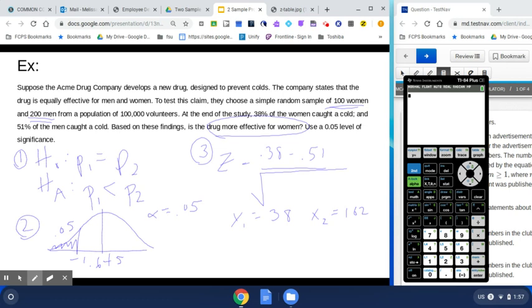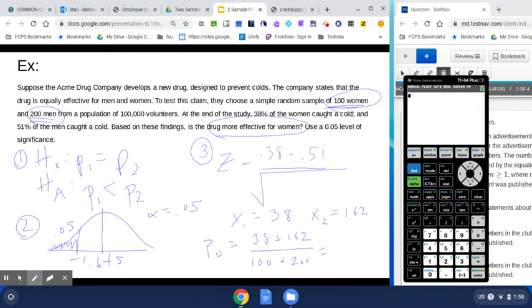So in order to find P sub 0, I would add those two successes together. So 38 plus 102, and then divide by the combined sample sizes. Again, we said 100 women and 200 men. So if I add those together, we're talking about 300 people.